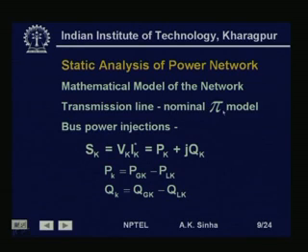So, a nominal pi or an equivalent pi can be used for medium and long lines, whereas a simple series impedance can be used for a short line. We have also seen how we can model the transformer. Transformers are generally modeled by their leakage impedance only.